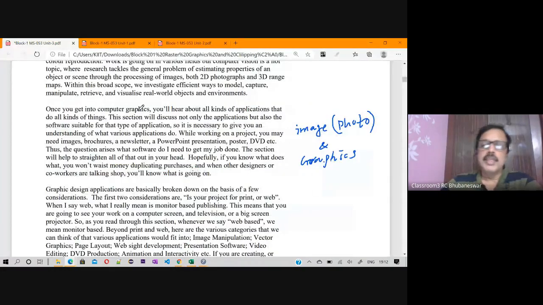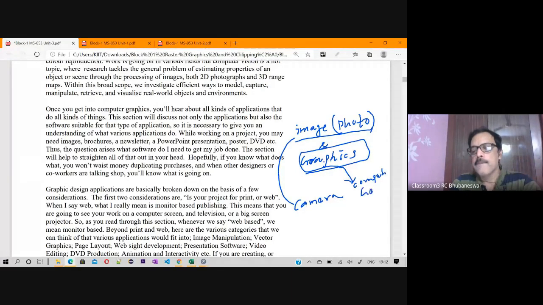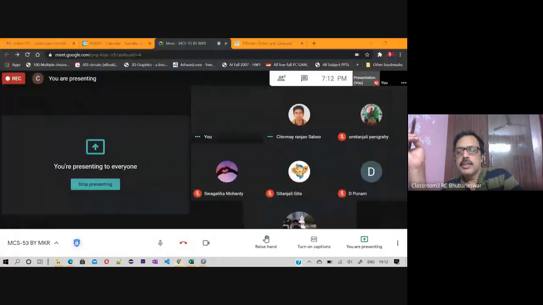Yes, but images are captured. The difference is that images are captured by a device like a camera, but graphics are computer generated. Are you getting the difference now?